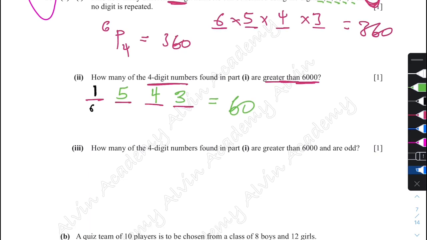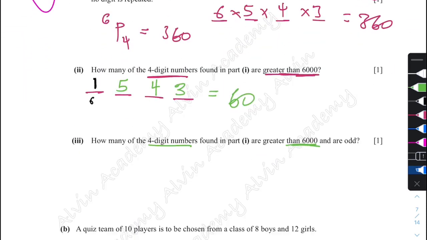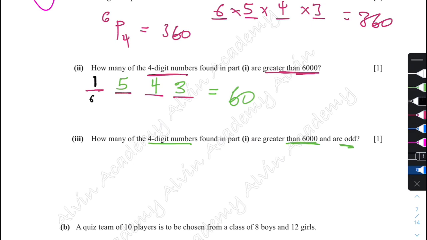Now, out of the 4-digit numbers formed greater than 6,000, how many are also odd? Let's get the numbers down: 1, 2, 3, 4, 5, 6. Get your 4 slots. If it is odd, it can end with 1, and there's only one way to choose 1.